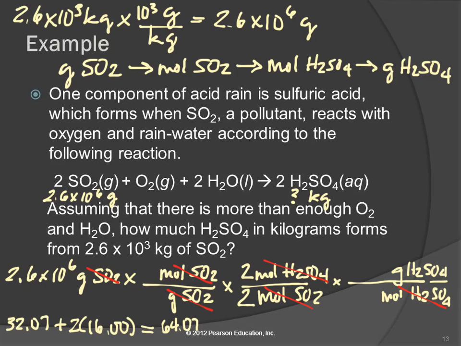This little bit of scribbling down here, I really encourage you to do that. Because say you're doing this on Mastering Chemistry, and you do this whole big thing, and you put the answer in, and it says incorrect. You don't want to just start all over, right? If you write things out like this, you can go back and check.